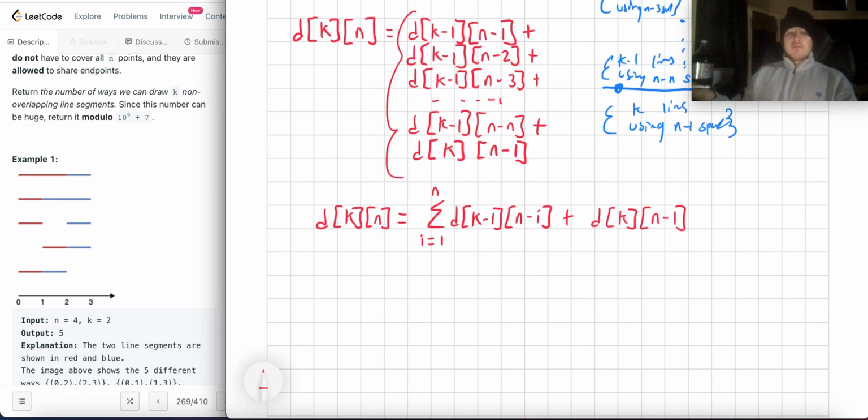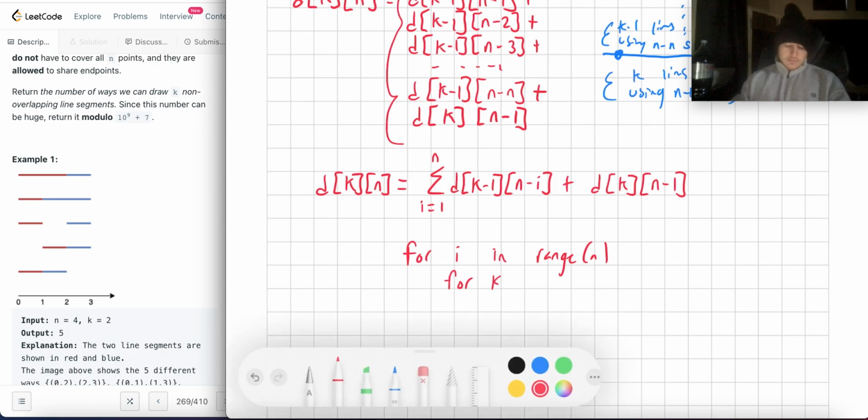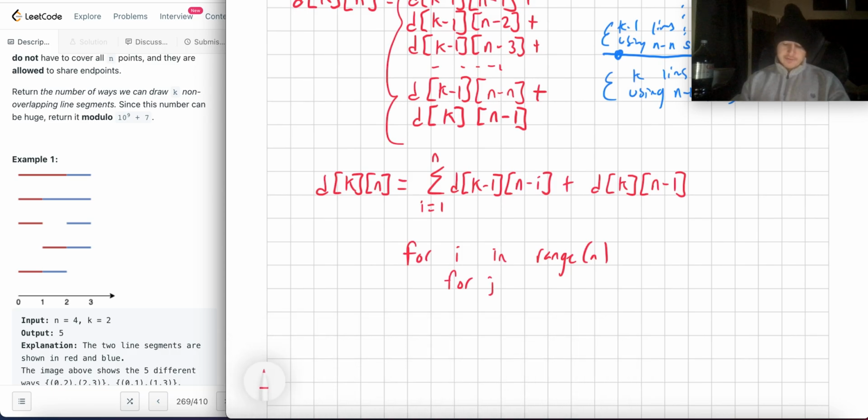So where do we go from here? Well, we can just do a nested for loop: for i in range n and for j in range k.